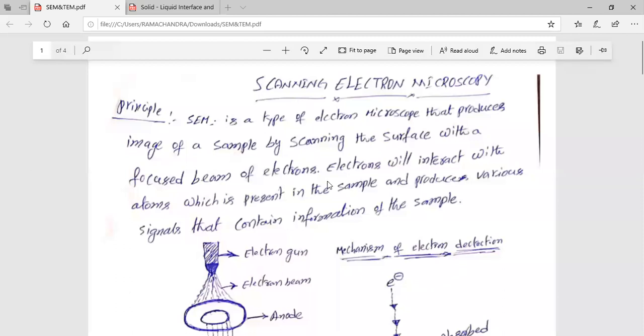The electrons interact with the atoms present in the sample and produce various signals that contain information about the sample. This is the principle for the working of scanning electron microscopy.